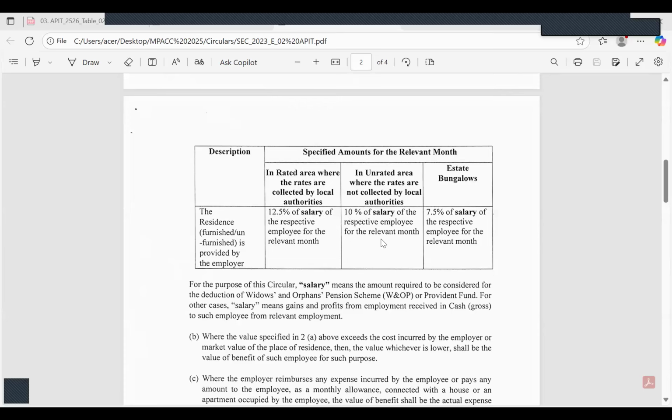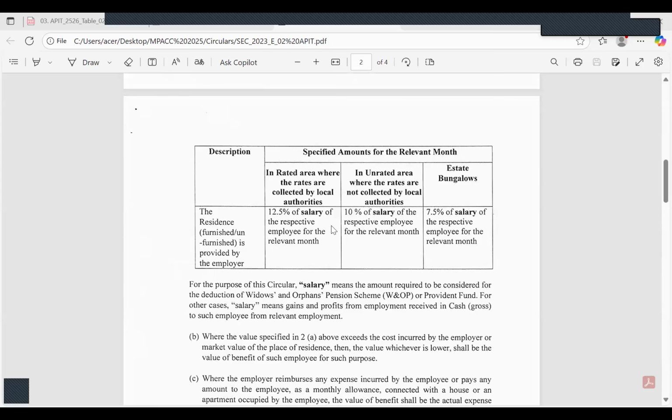So when we are calculating an employee's employment income for a year of assessment, we should multiply this value by 12 because we have given monthly benefit. If that person is given an estate bungalow, then the salary should be multiplied by 7.5%. So this is for the month.